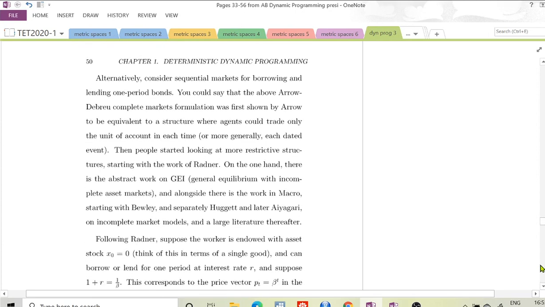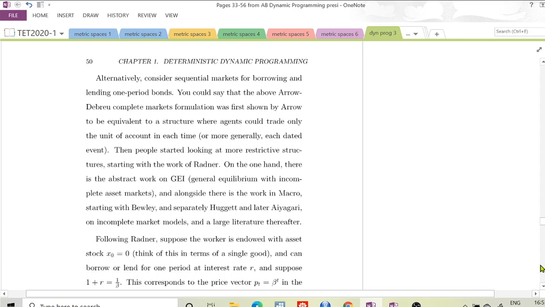So first, Arrow interpreted this to say that, look, if I change everything by saying that at time t equals 0, I cannot trade in all the markets, but I can trade the unit of account in each market, nothing changes. So he showed that the budget sets of the consumers in particular will be the same in Arrow-Debreu as in something like that.